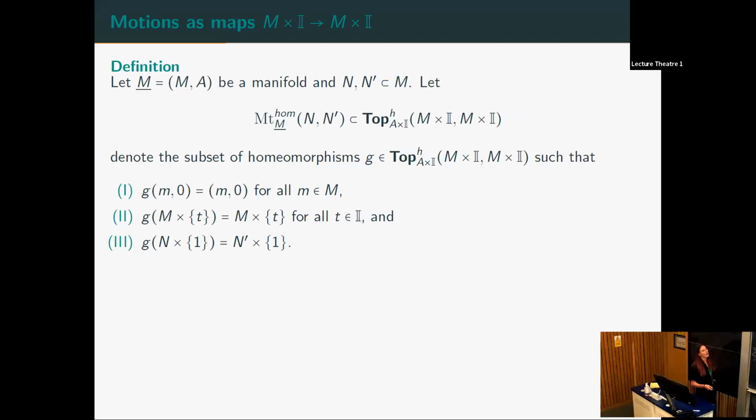Okay, so as a little bit of an aside, there are other equivalent ways we could have defined what motions are.